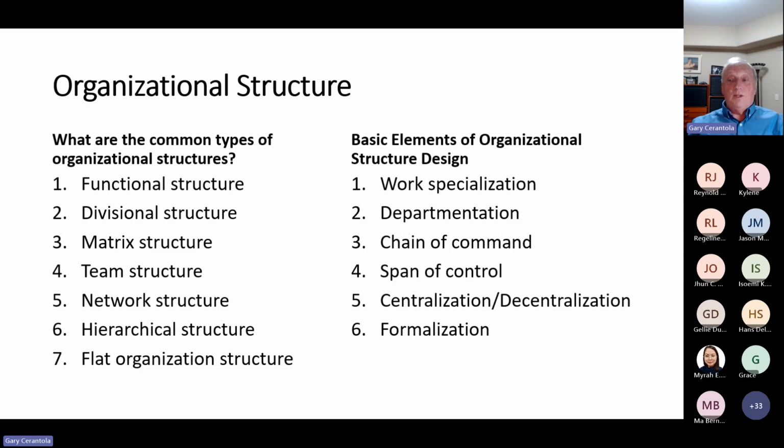You need less formalization if you've got different operations that have to be flexible with the local, like healthcare in Africa would be much different than healthcare in Europe, so there'd be less formalization on overall global standards. Okay, so those are the kind of things that you need to worry about.